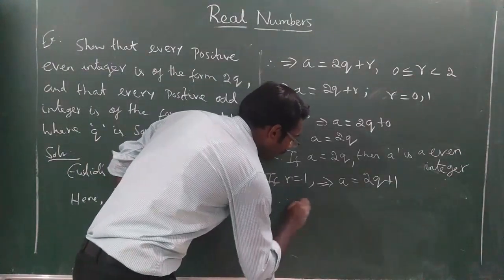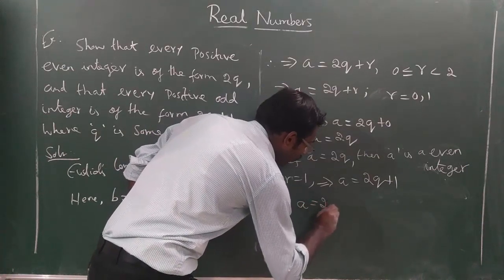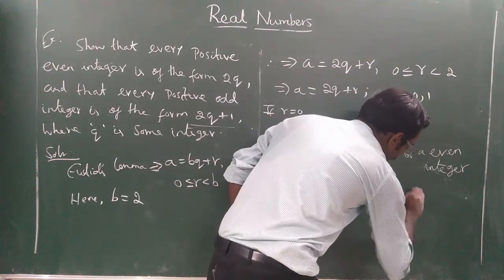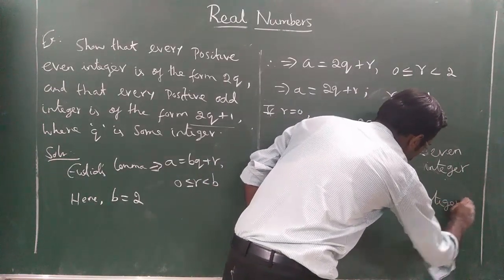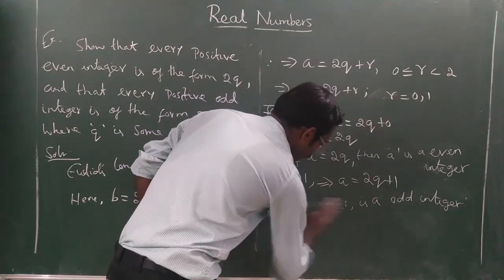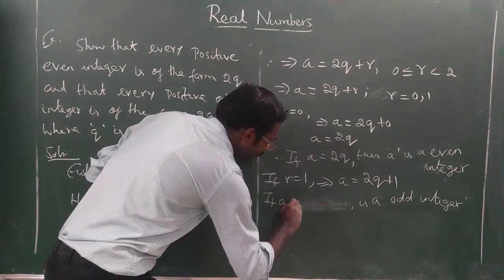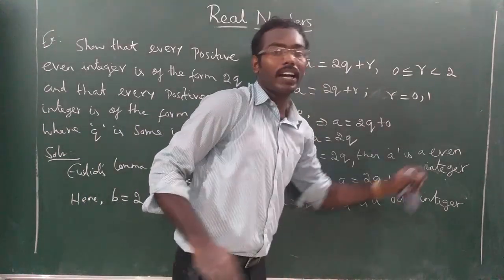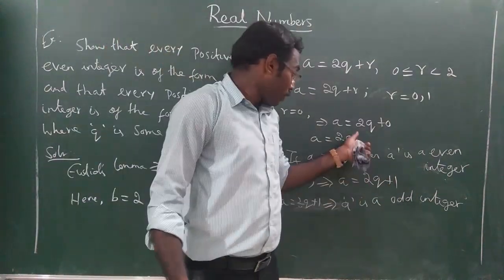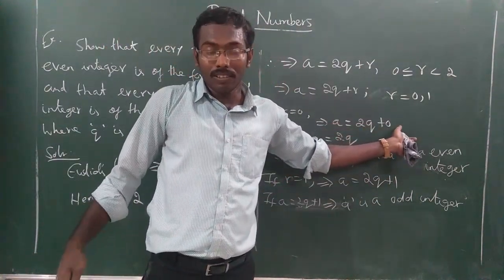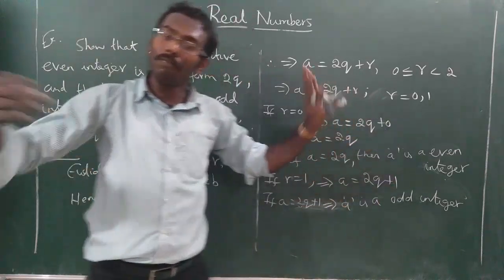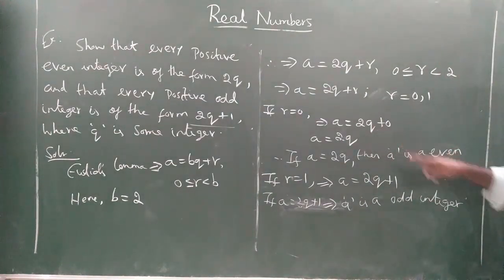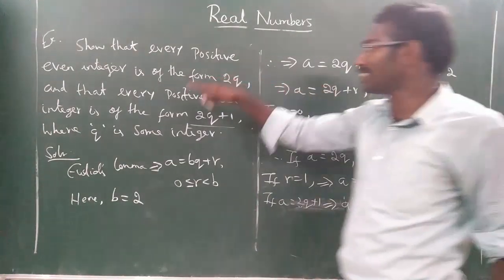Therefore, a is equal to 2q plus 1 is an odd integer. Why is it odd? 2q is an even one, then with that 2q you add 1, it will become odd. Understood or not? Therefore, even means 2q, odd means 2q plus 1. That is what is asked in the question.